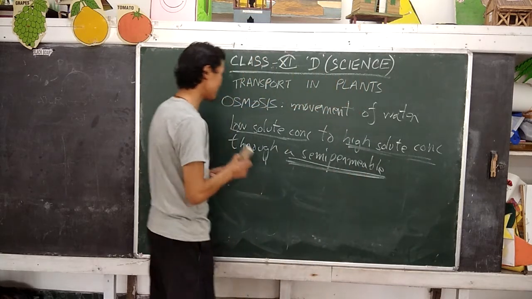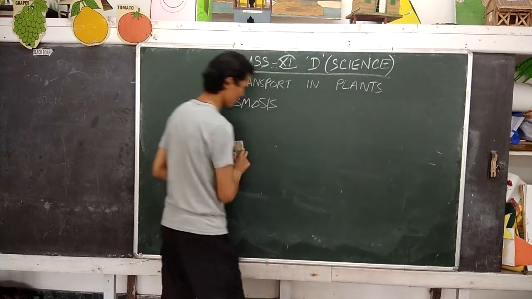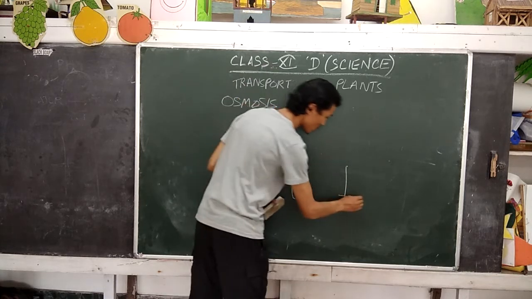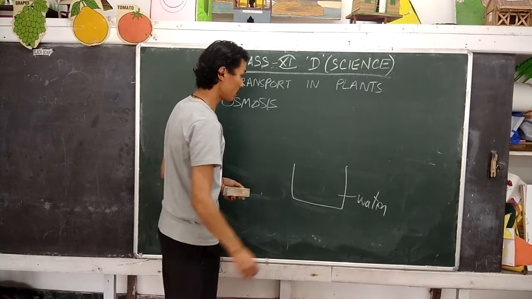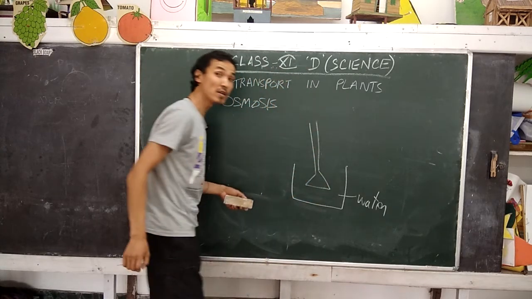In order to understand this process better, let's do a simple experiment. First, we're going to take a beaker filled with water. Then we're going to take a thistle funnel which has been inverted.